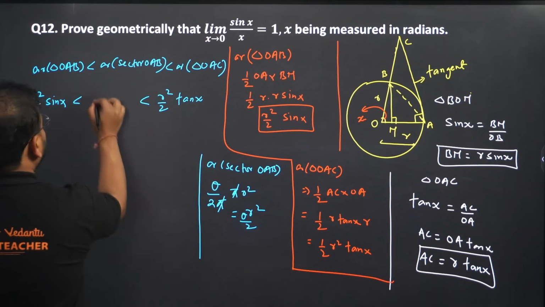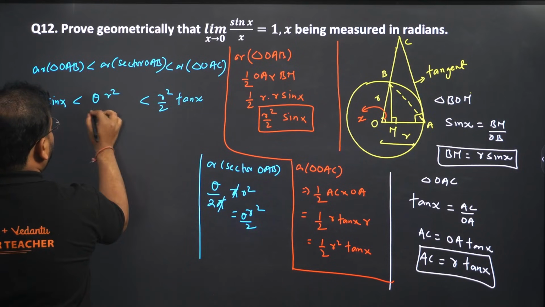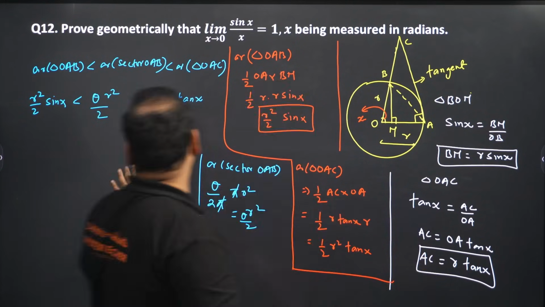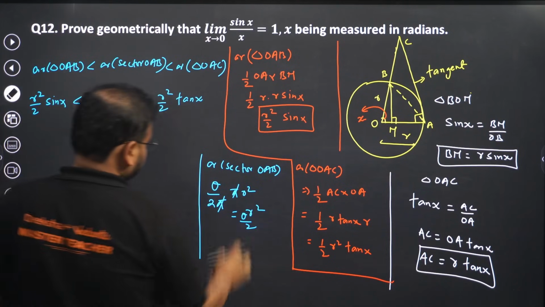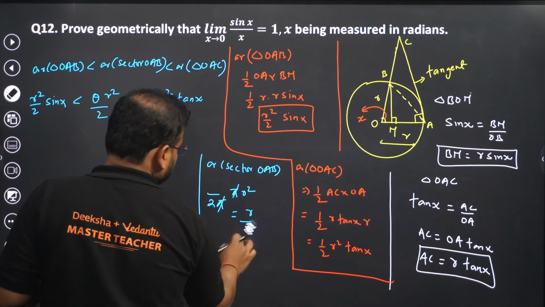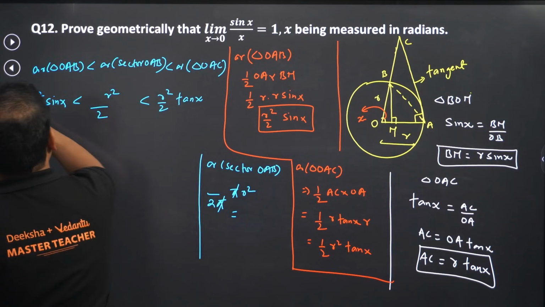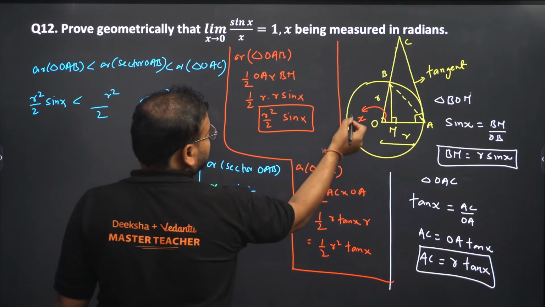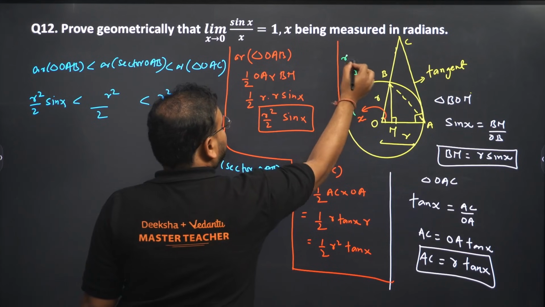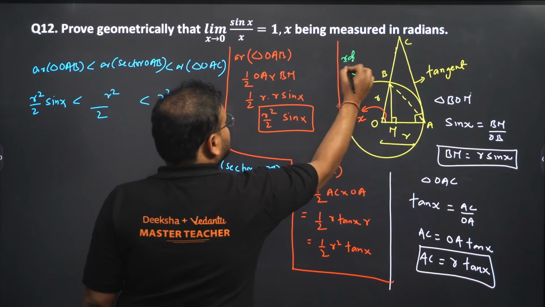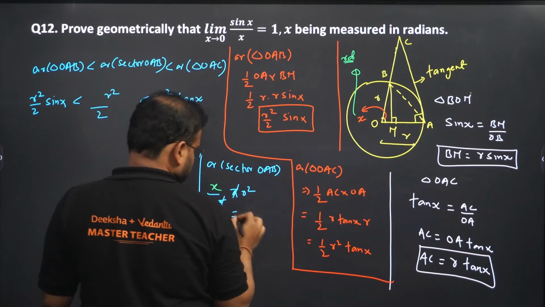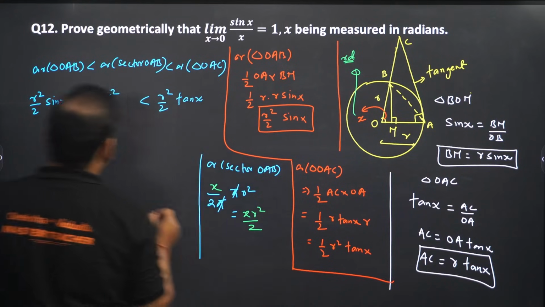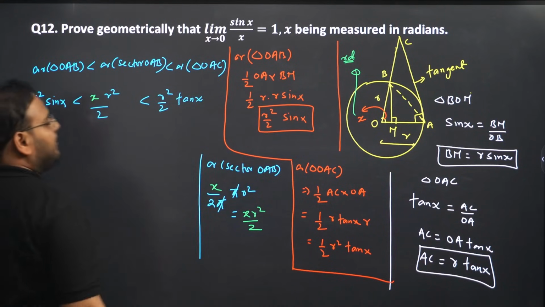This is clear? In this case, there is no theta, my bad. There is actually x over here. So we have x by 2 pi. x is in radians, they mentioned that. So I get x r square by 2.